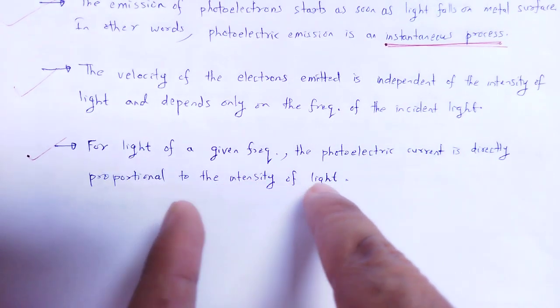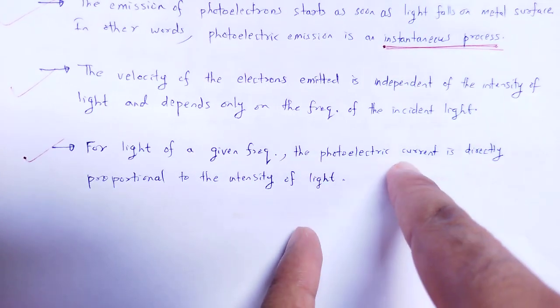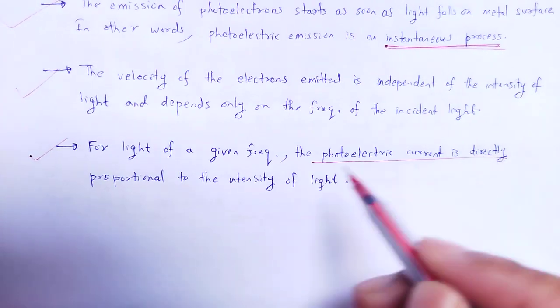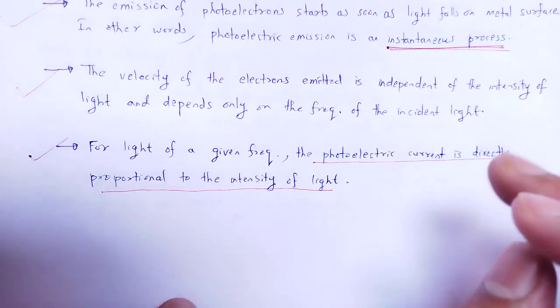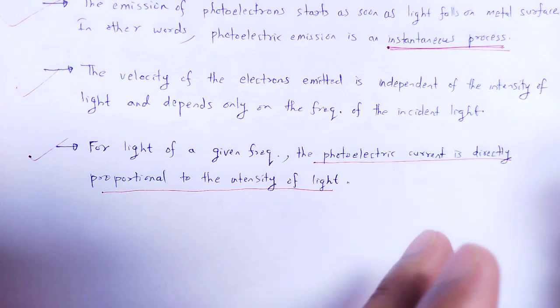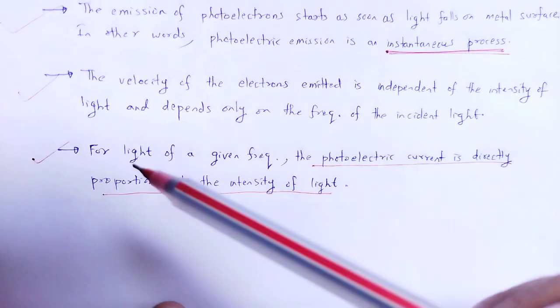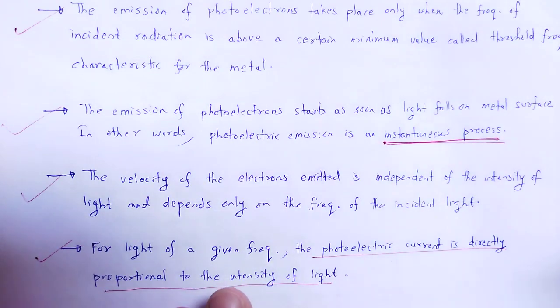That is why it depends upon the intensity of light, not the frequency. Why? Due to the intensity of light, there will be more photons. More photons eject more electrons, and more electrons mean more photocurrent. So, these are the 4 laws we notice in photoelectric emission.